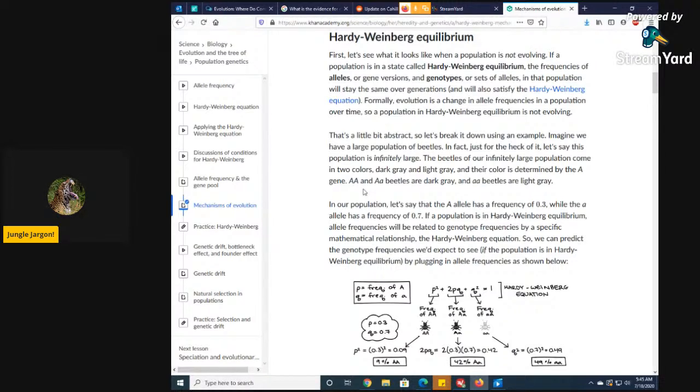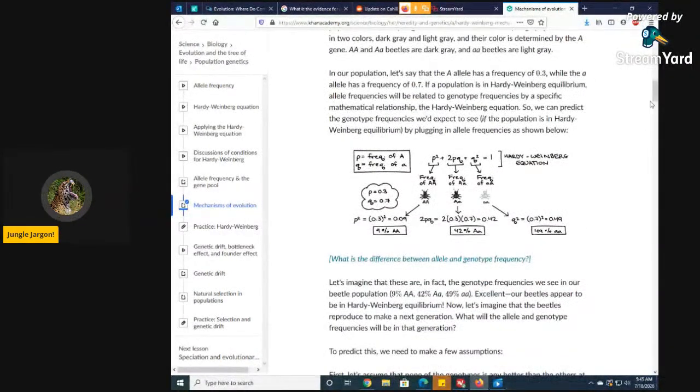AA and Aa beetles are dark gray and aa beetles are light gray. In our population, let's say that the A allele has a frequency of 0.3, while the small a allele has a frequency of 0.7 in the population.